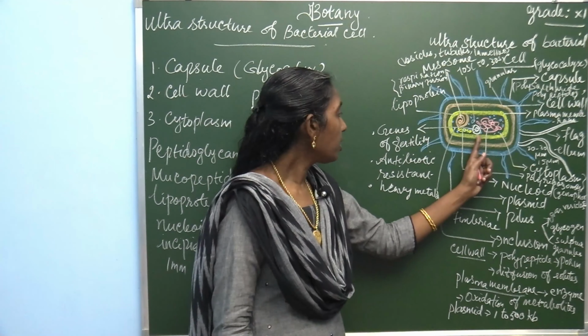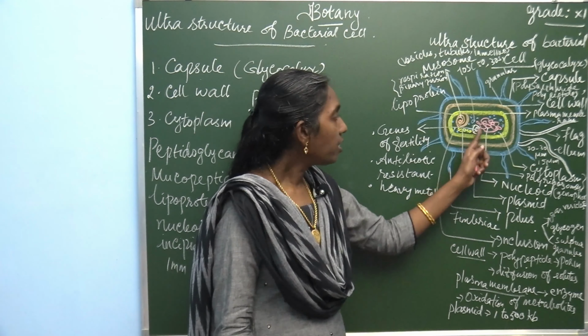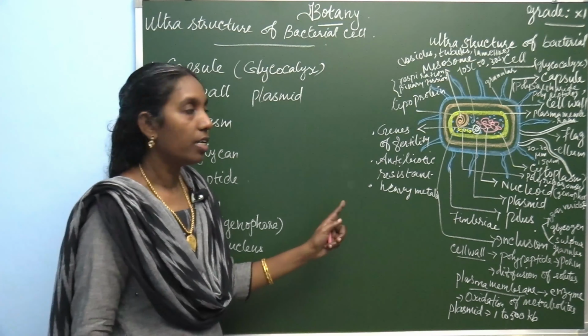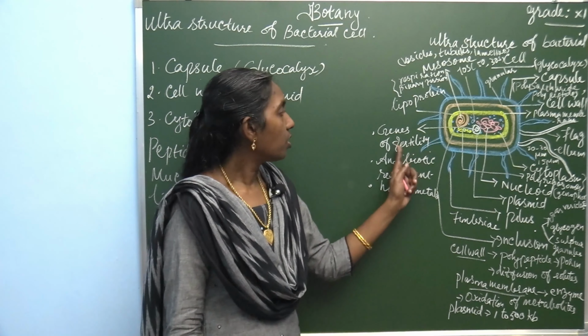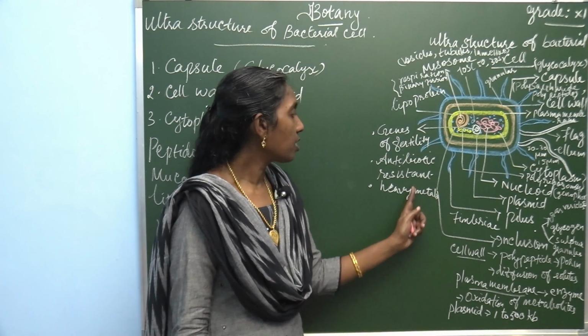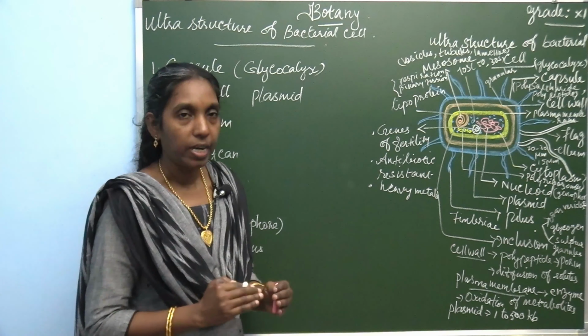What are present in it? Genes of fertility, antibiotic resistance and heavy metals are present in the plasmid.